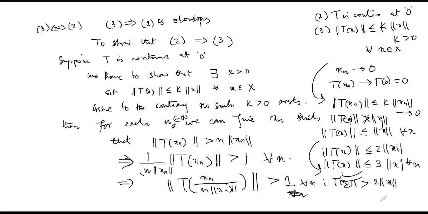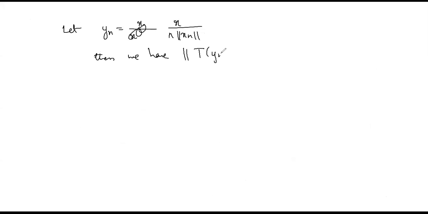Let y_n be equal to x_n divided by n times norm of x_n. Then we have norm of T of y_n is bigger than 1 for all n.